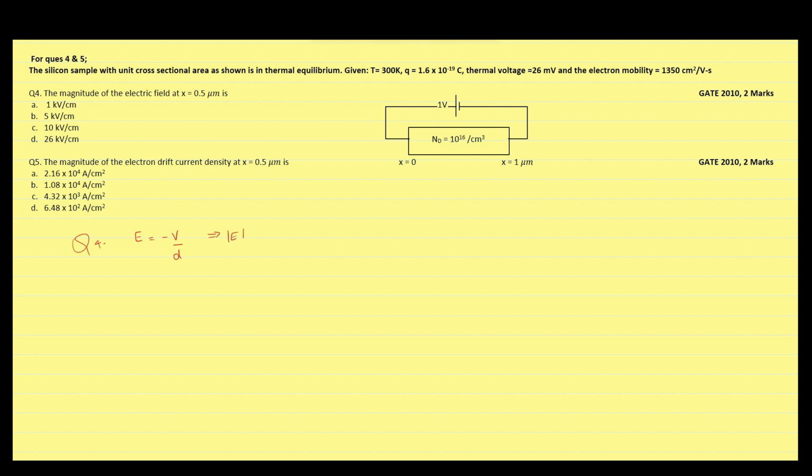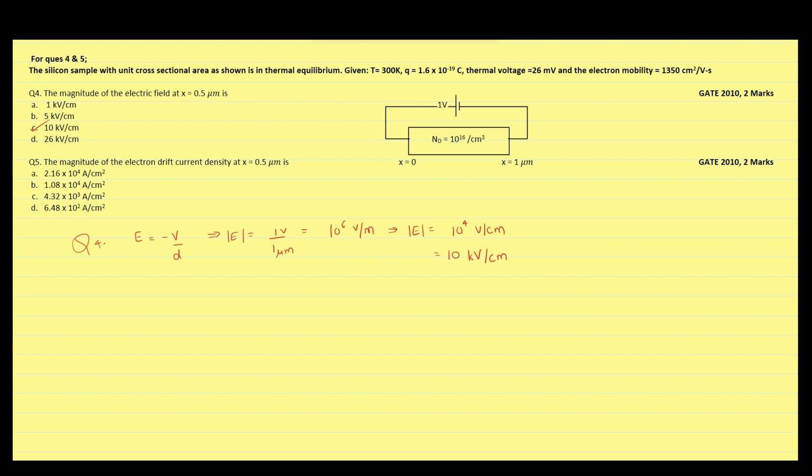Therefore, the magnitude of electric field will come out to be equal to 1 volt divided by 1 micrometer, which is equal to 10 to the power 6 volt per meter. But the options are provided in kilovolt per centimeter, so we have to change its unit from volt per meter to volt per centimeter. After changing its unit, the magnitude of electric field will come out to be equal to 10 kilovolt per centimeter. So C option is correct.